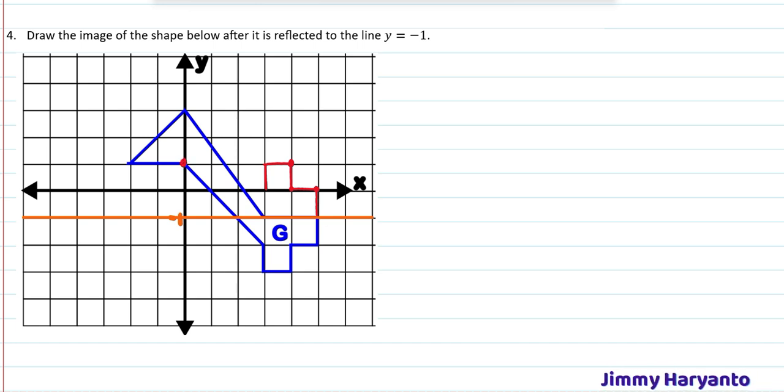This one right now. Create a perpendicular line like this. It is 2 units, so 2 units more, the image will be right there, and then we just connect it from here like that, and then this one 2 units like that, and then this one 1 2 3 4, 4 units, like that, yeah.